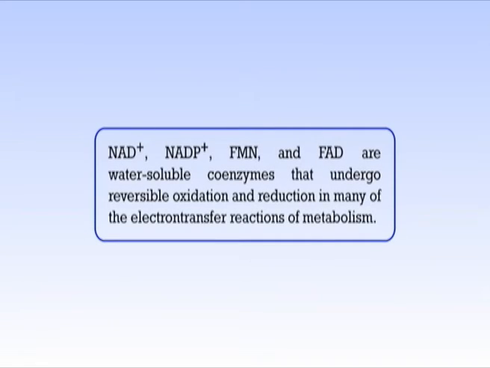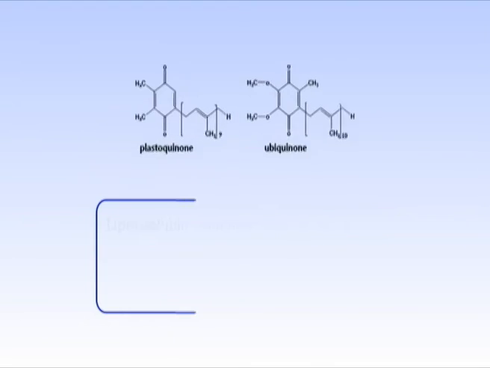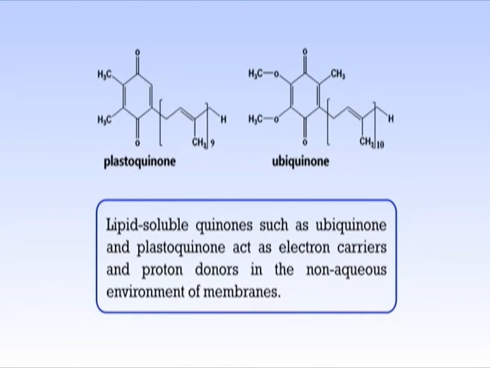NAD+, NADP+, FMN, and FAD are water-soluble coenzymes that undergo reversible oxidation and reduction in many of the electron transfer reactions of metabolism. Lipid-soluble quinones such as ubiquinone and plastoquinone act as electron carriers and proton donors in the non-aqueous environment of membranes.